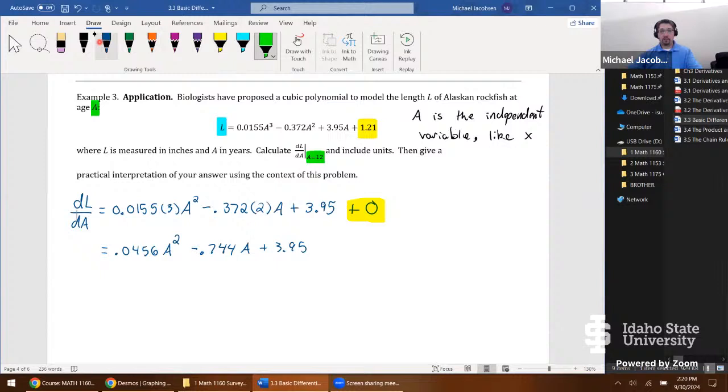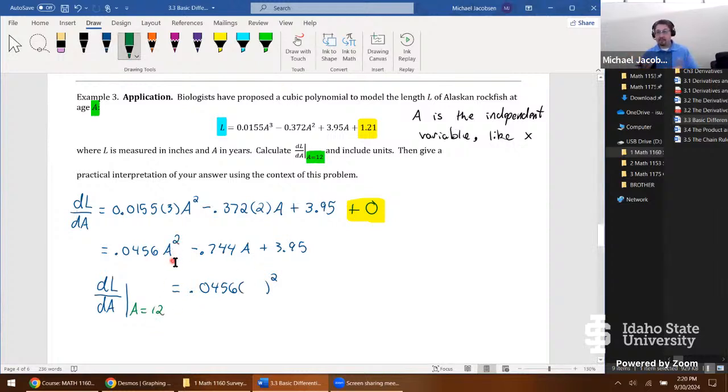So we're plugging in 12 there, and we can now say the rate of change of the length with respect to the age of the fish, now evaluated when the age is 12 years, equals all of this. 0.0456 multiplied by something to the power 2. That something is going to be the 12.